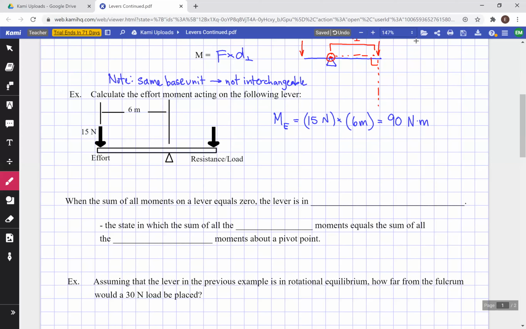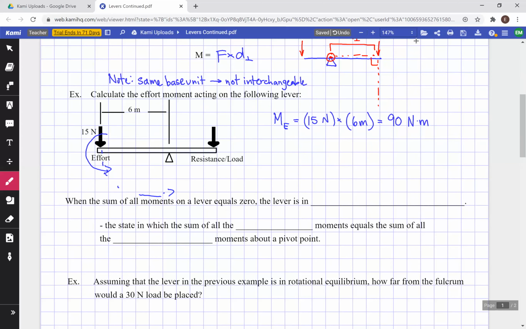Now, what that actually means is that you have a 90 Newton meter moment that wants the bar to rotate counterclockwise, right? If I were to keep pushing this down, it would spin about the fulcrum going in that direction.